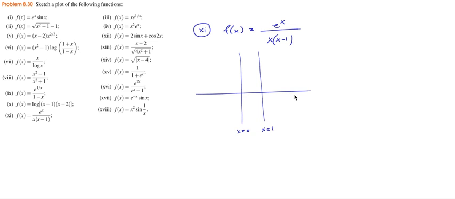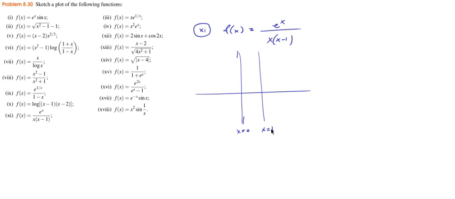And let's see, so when you go to 0 from the left, this is always positive, this is negative, and this is negative, right? So you have a positive asymptote. When you go to 0 from the right, this is positive, but this is negative, so this is like this.